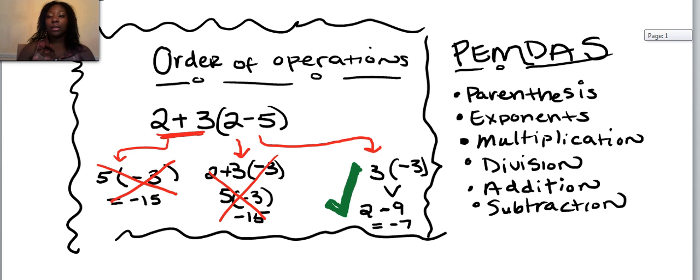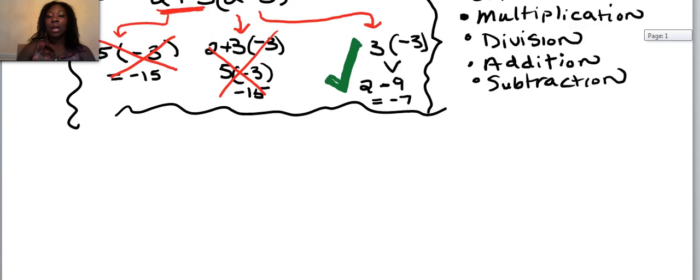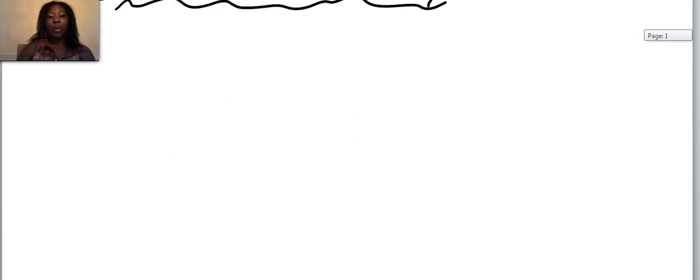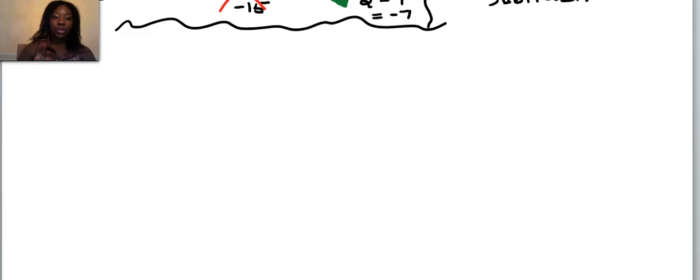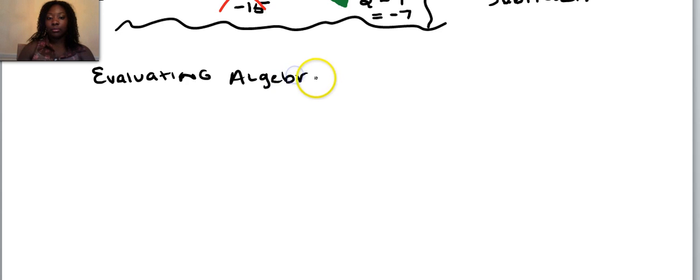Now the next thing that we are going to do is, how do we evaluate algebraic expressions?